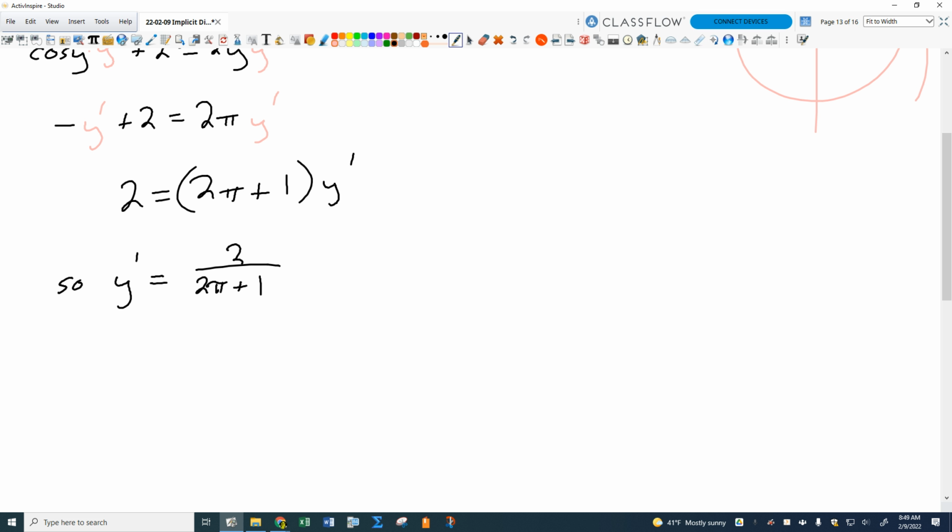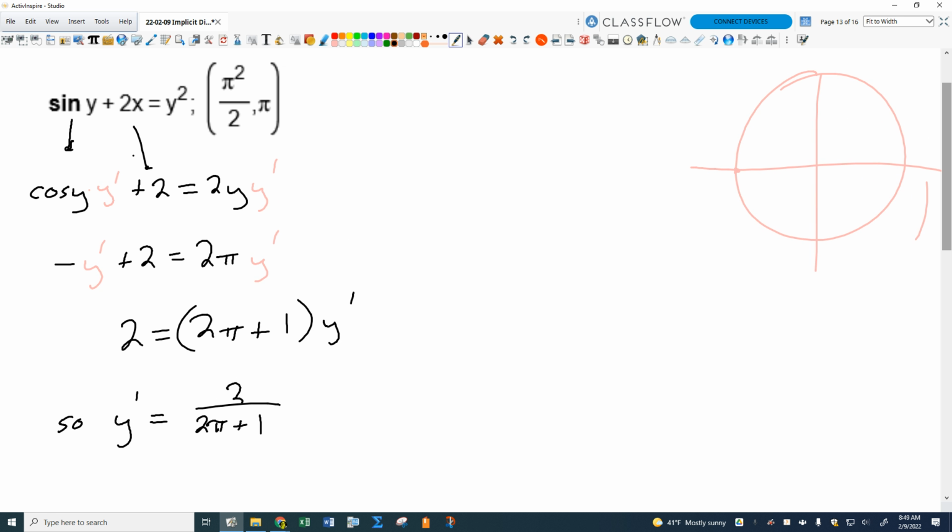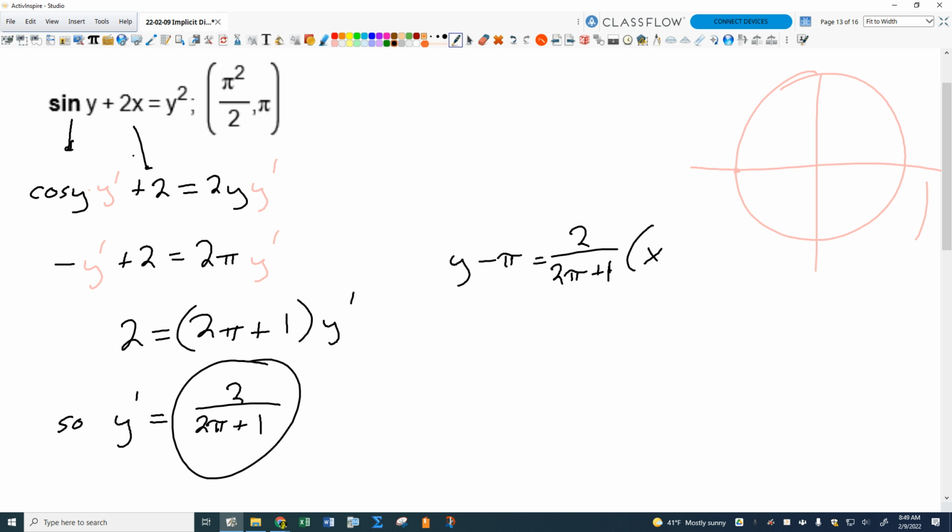So we've got the value. And notice that's a number, right? There are no variables in there, just constants. So we got the value of y prime, and we know the values of x and y. So now we would just use point slope, right? We get y minus pi equals m, which is right there, times the quantity x minus pi squared over 2.